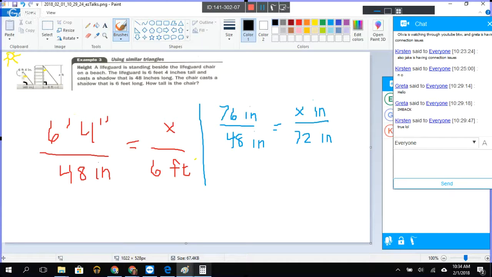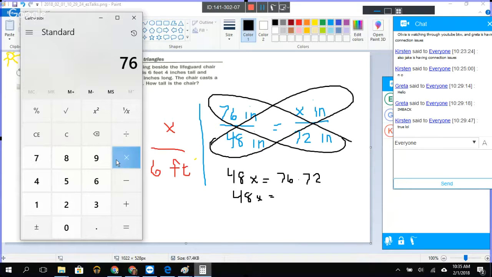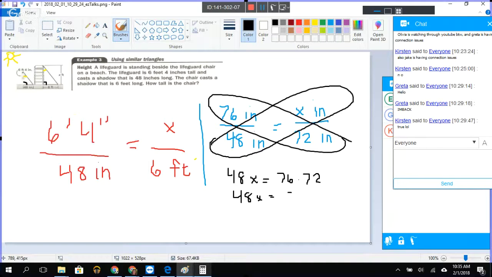Okay, so now we have a proportion and everything's happy and in the same units. So to solve our proportion, we're going to cross multiply, right? We're going to do 48 times X equals 76 times 72. So 48X equals 76 times 72. 76 times 72 is 5,472.